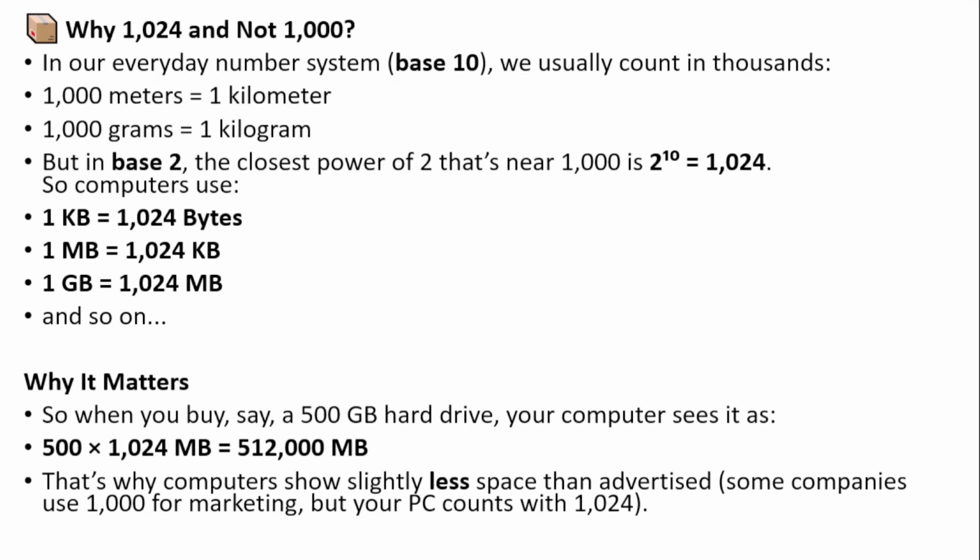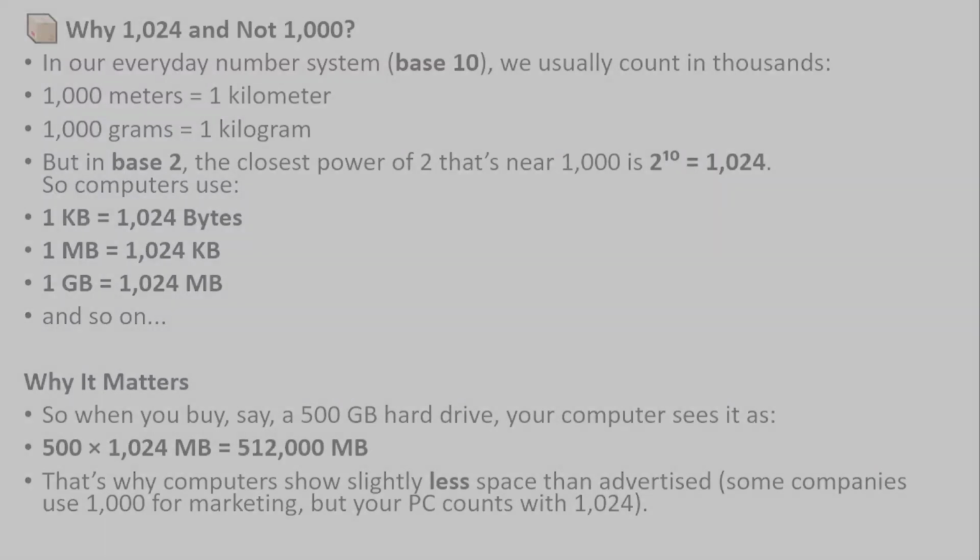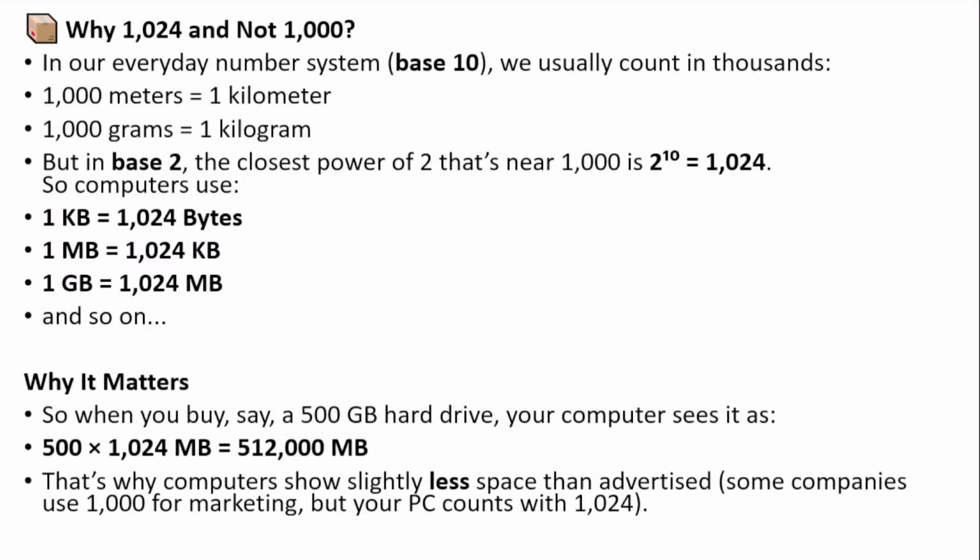Why it matters is when you buy a computer or a hard drive, sometimes it says 500 gig hard drive. Now, your computer does not see it as a 500 gig hard drive. Rather, it sees it as 512,000 megabytes. Why? It multiplies it: 500 gig times 1024 megabytes.